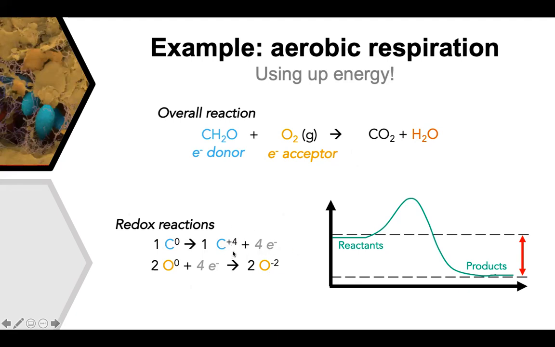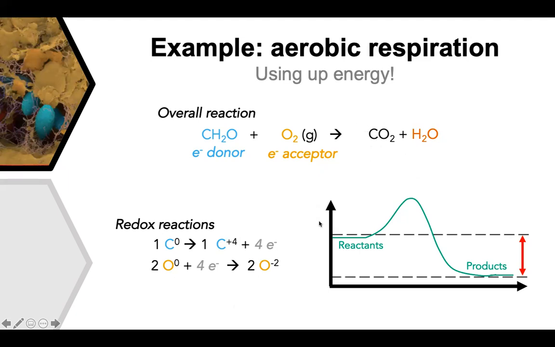Those 4 electrons get combined with 2 oxygens in their zero redox state, and both of them become -2, so we have 2 O2- molecules. Then you see that oxygen, the -2, combines with those 2 H2s to produce water, and that carbon combines with oxygen as well.